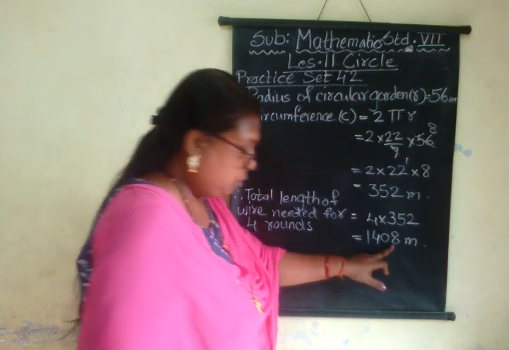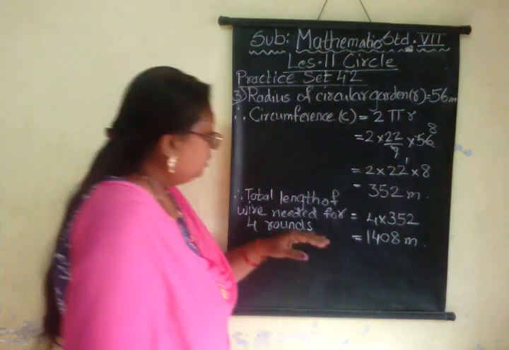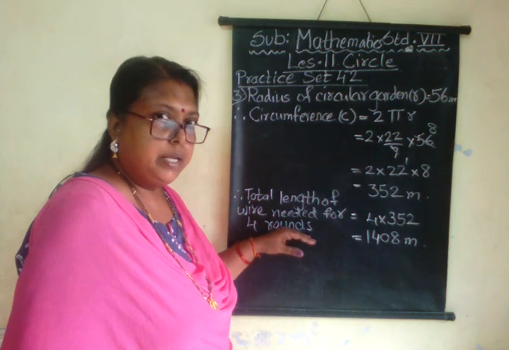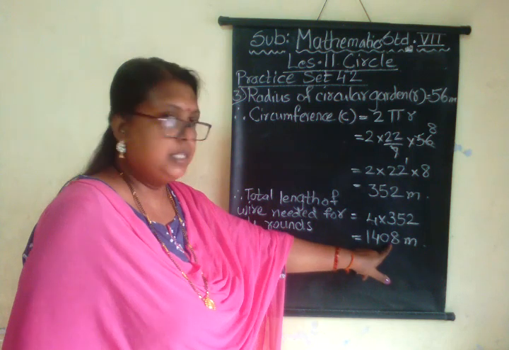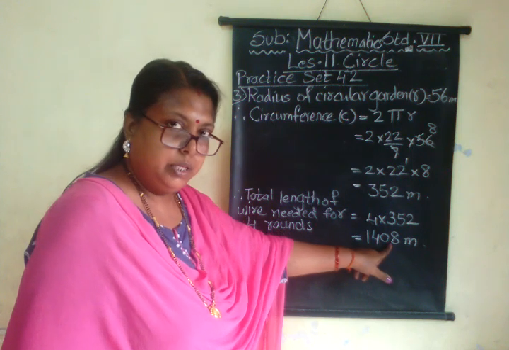1408 meters long. Okay. Now, the cost of wire is 40 rupees per meter. Now you have to find the cost of this much length of the wire.